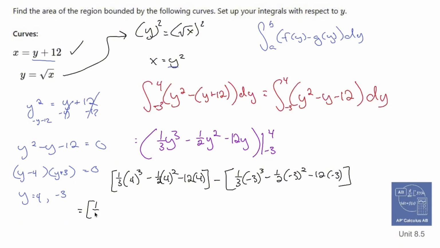All right, 1/3 times 64 minus 1/2 times 16 minus 48 minus 1/3 of negative 27 minus 1/2 of 9 plus 36.